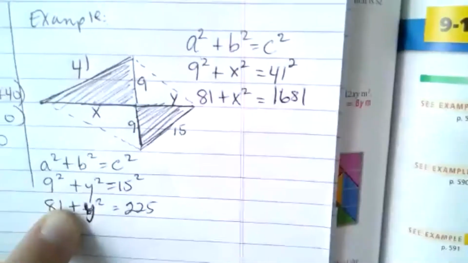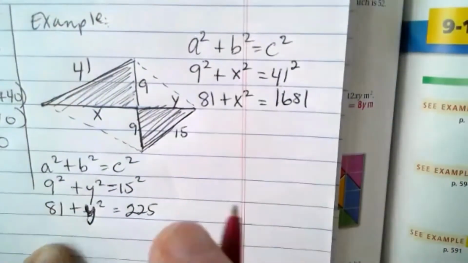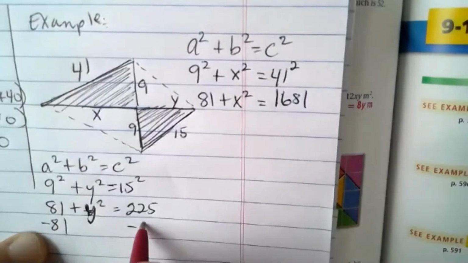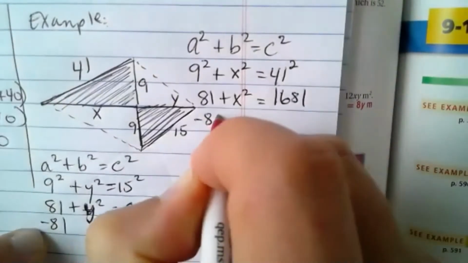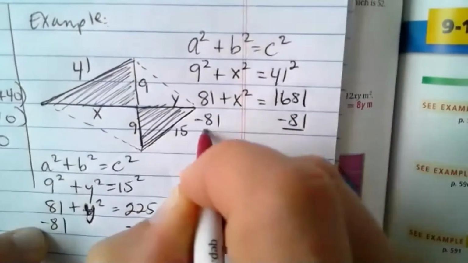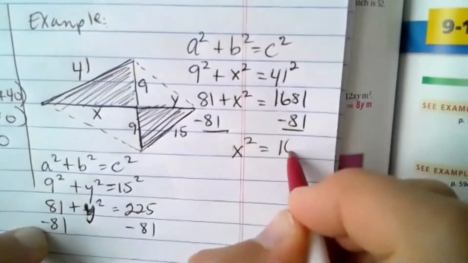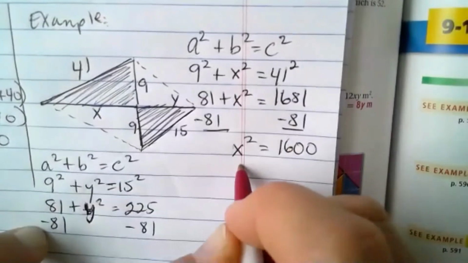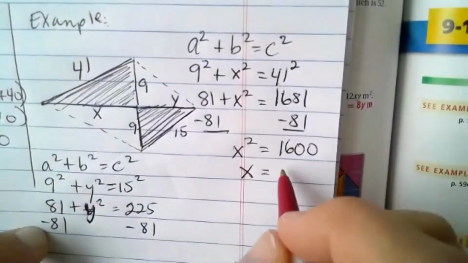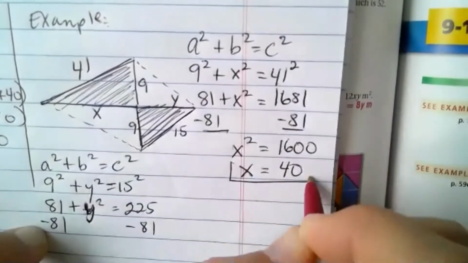All right, and so now we're going to solve for x and y here. So we're going to subtract 81 from both sides. Okay. All right, and so what happens on the right-hand side is I get 1600, and the square root of 1600 is 40. Okay.